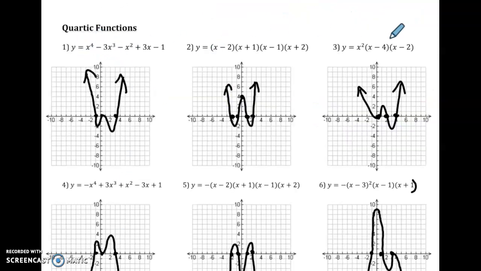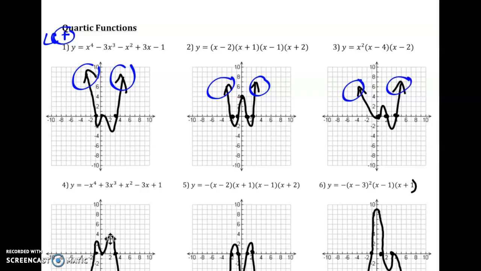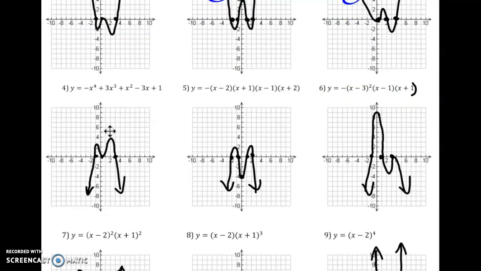If we look at this first row, they all have positive leading coefficients. So the LC is positive. And we'll see that they all end facing upwards. When there's a negative leading coefficient, so when the LC is negative, we see that they start and end down.